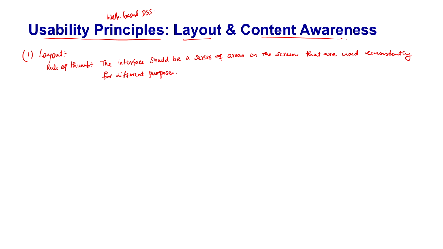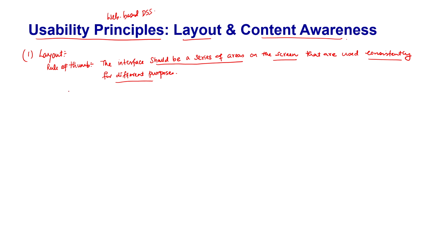This is the rule of thumb. So, the user interface, the web based interface, should be a series of areas on the screen that are used consistently. The areas are demarcated and designated for different purposes.